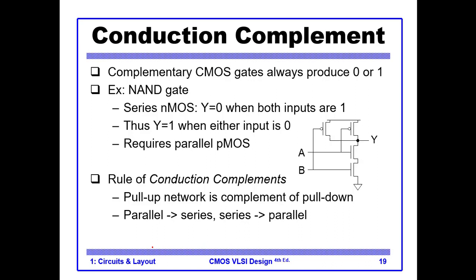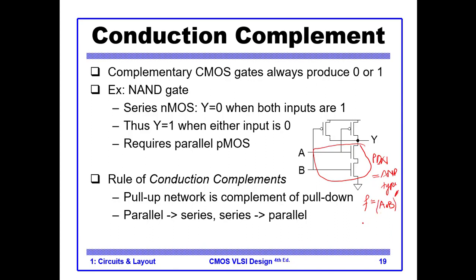For example, this is a NAND gate. You see why this is a NAND gate? Because if I look at the pull down network, it is of N type, connected in series. So it means that our F is basically A and B bar.